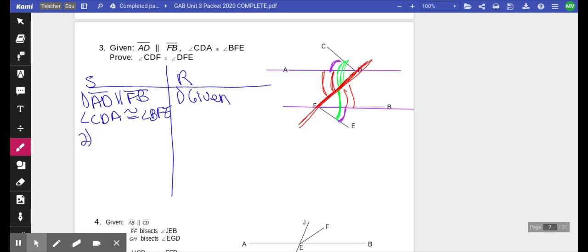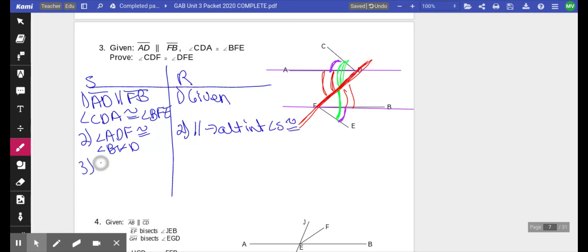Then knowing that, I can say that angle ADF is congruent to BFD because parallel lines implies alternate interior angles congruent.